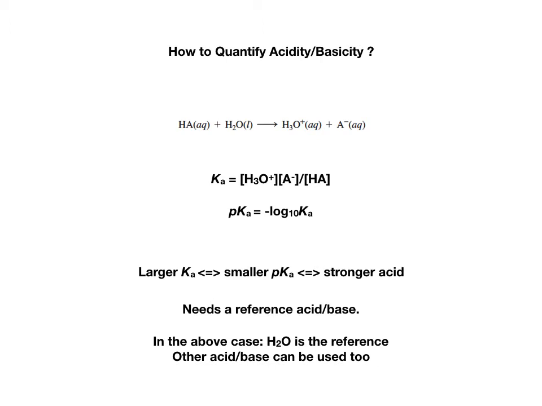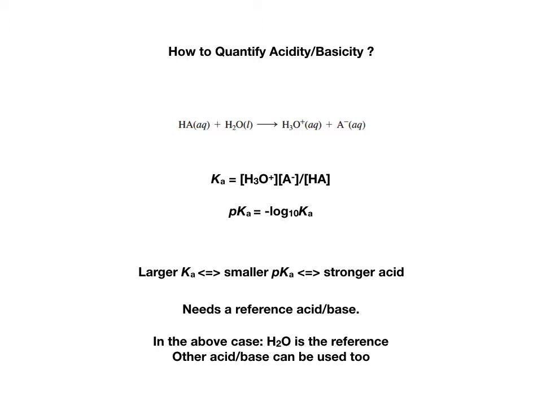All right, so shown here is a generic equation showing acid dissociation in water. So HA reacts with water to produce H3O+ and A−. Now, if you write down the equation for the equilibrium constant, you will get Ka equals [H3O+] multiplied by [A−] divided by the HA concentration.